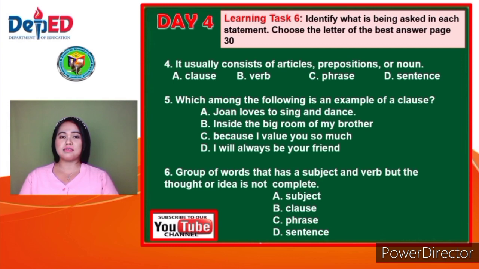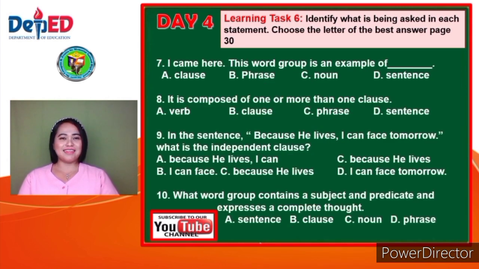Number 6. Group of words that has a subject and verb but the thought or idea is not complete. A. Subject. B. Clause. C. Phrase. Or D. Sentence. Number 7. I came here. This word group is an example of A. Clause.